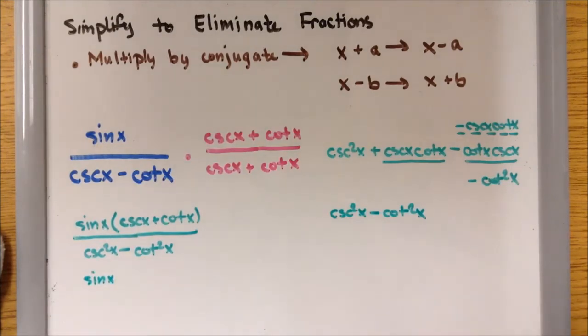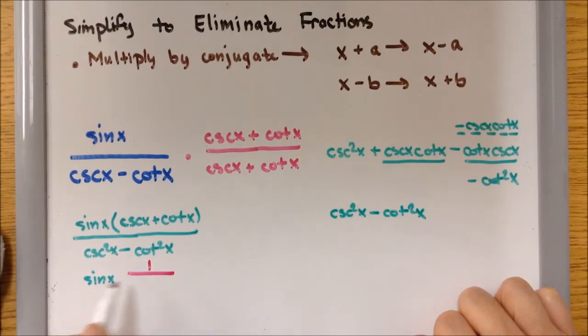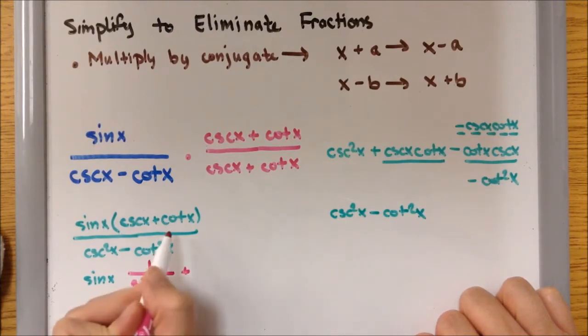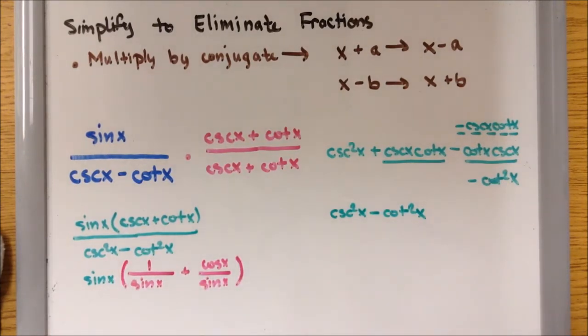Now for cosecant x, I'm going to use the reciprocal identity, which is 1 over sine x, and then plus. For the cotangent x, I'm going to use the quotient identity, which is cosine of x over sine of x, in parentheses, and then the denominator stays the same.